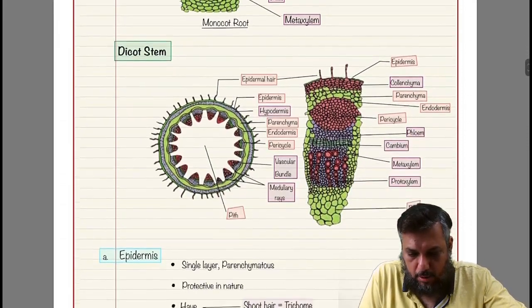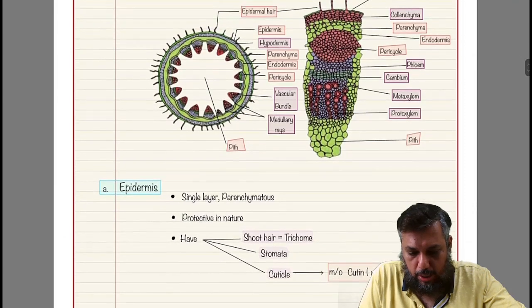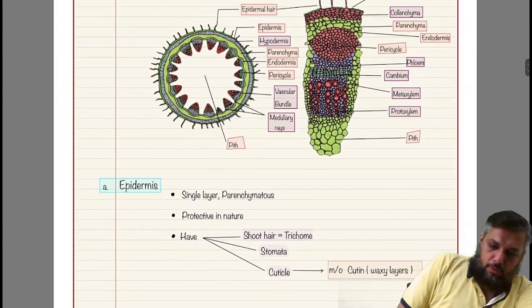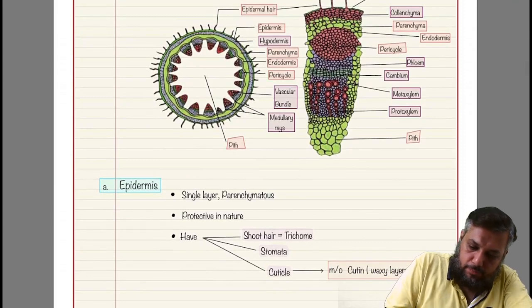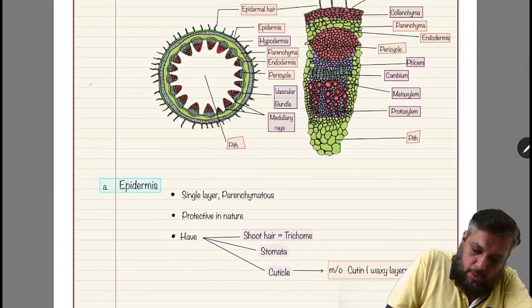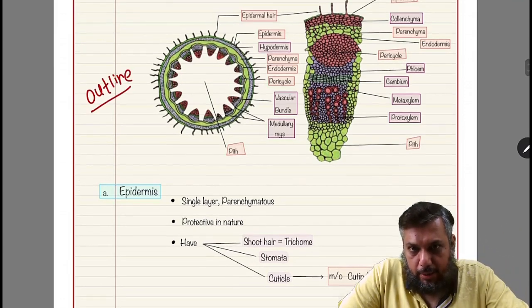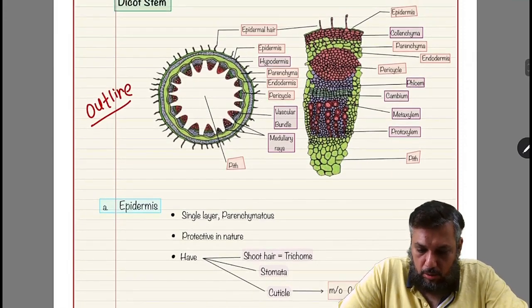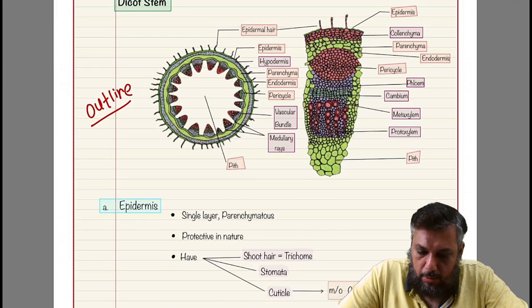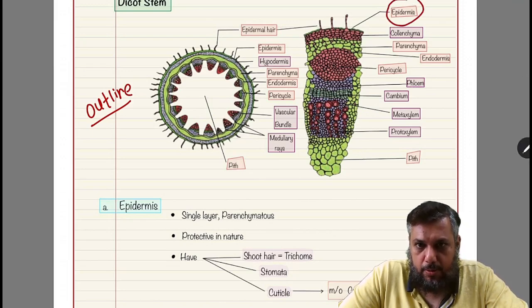Then about the dicot stem. On the left is an outline diagram. On the other side we have the detailed diagram. And सबसे बाहर वाला जो layer, that is called the epidermis.